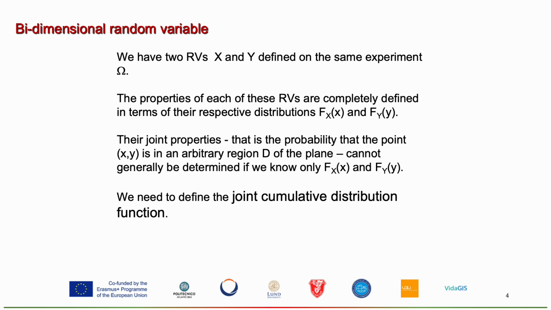Their joint properties, I mean the probability that a point xy is in an arbitrary region D of the plane, cannot be generally determined only by knowing F of x and F of y. We need to define a joint cumulative distribution function.